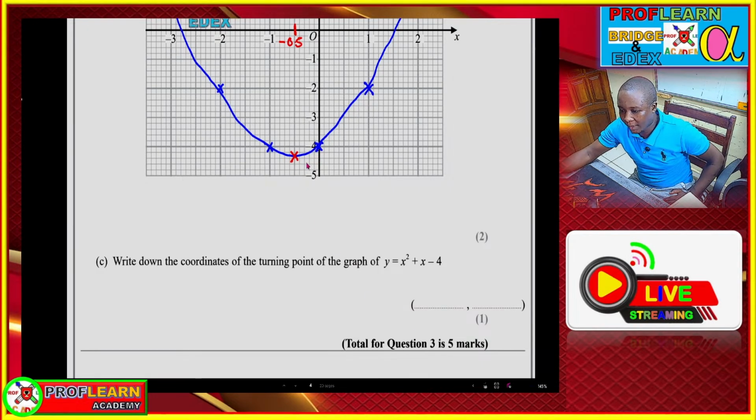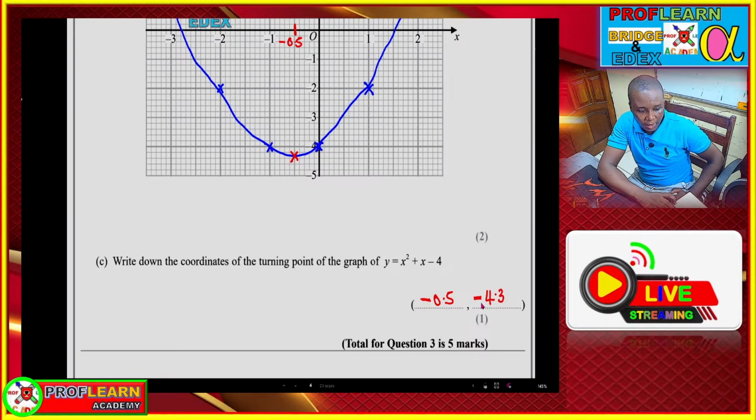So I can say my point is negative 0.5 and negative 4.3, approximately around that value.